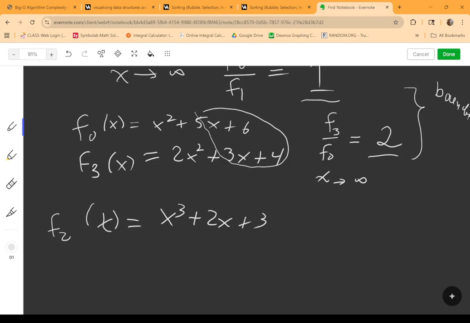If we do f2 over f0, now this one, as x goes to infinity, analyzing here, what we have is essentially a rational function with a higher degree in the numerator, so that is going to tend towards infinity. All right, so these do not have equivalent growth rates. Now here, this is what is classified as unbounded.